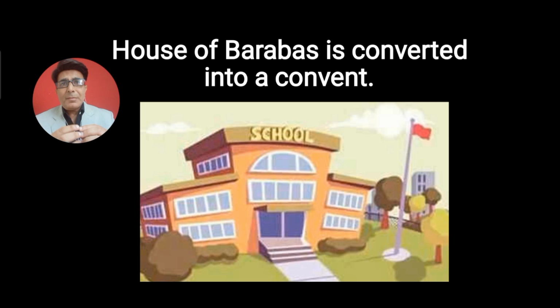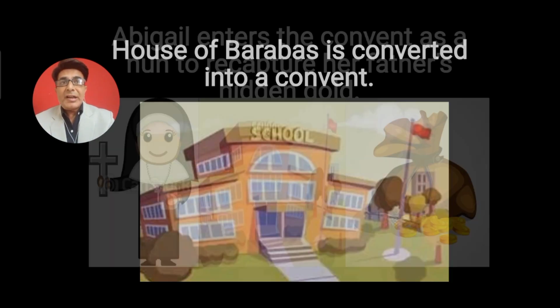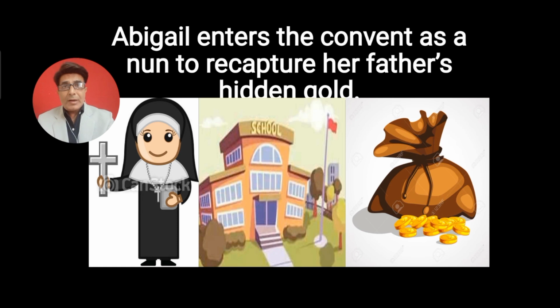Then Barabas tells Furniss that he will not pay the taxes, and that's why his house is captured by the governor Furniss and converted into a convent. The problem was that in his house Barabas had already hidden much gold and he wanted that gold back.